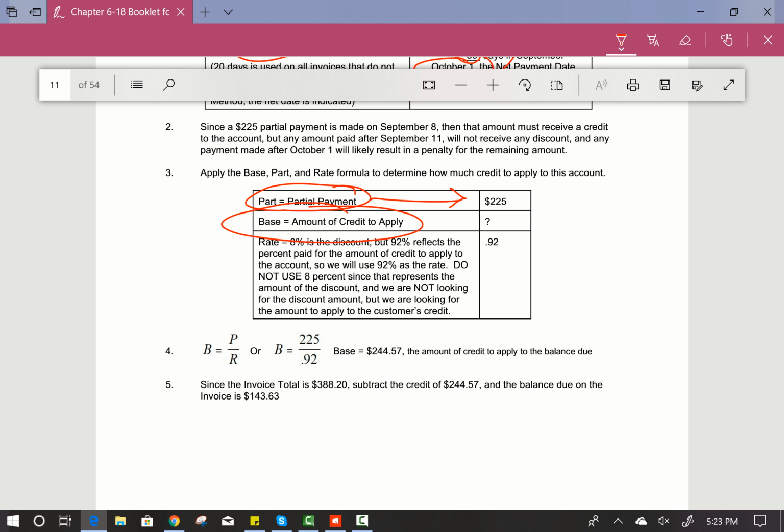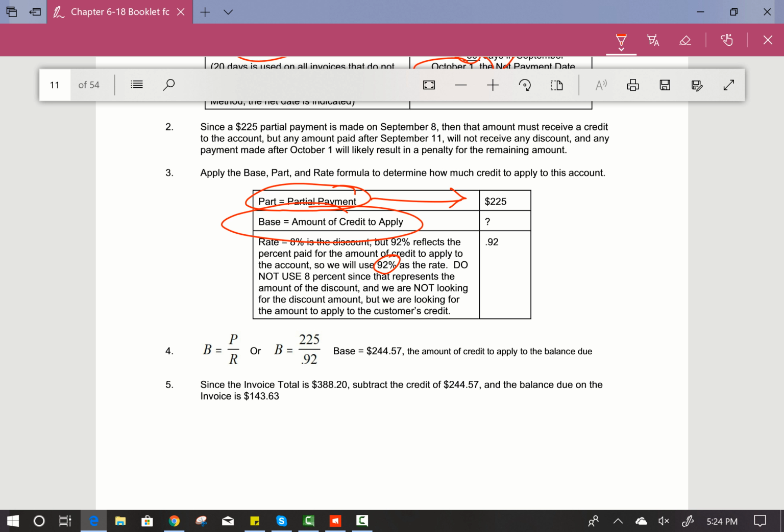That 92% reflects the percent paid for the amount of credit to apply to the account. So we're going to use 92% as the rate. Do not use 8%, since that represents the amount of the discount. And we are not looking for the discount amount. We are looking for the amount to apply to the customer's credit.